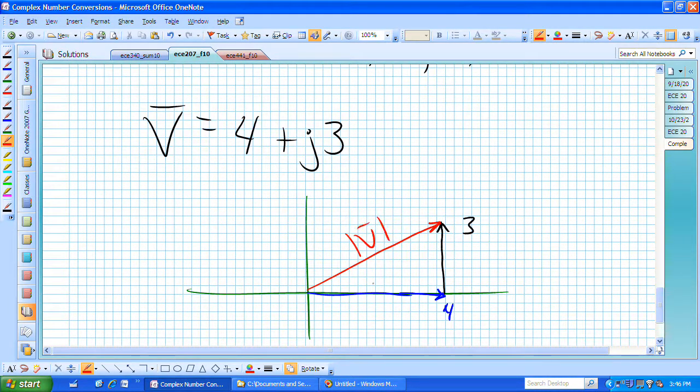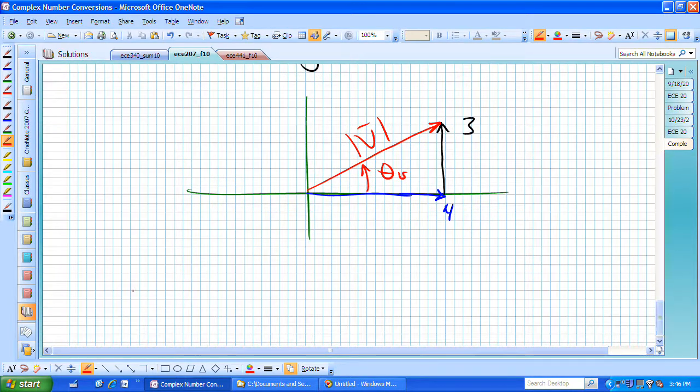Here's our length of the vector, here's our angle theta sub v, and we know the length of that vector is 5. If we compute it, that's the real part squared plus the imaginary part squared, square rooted. We have 16 plus 9, or the square root of 25, which is 5.